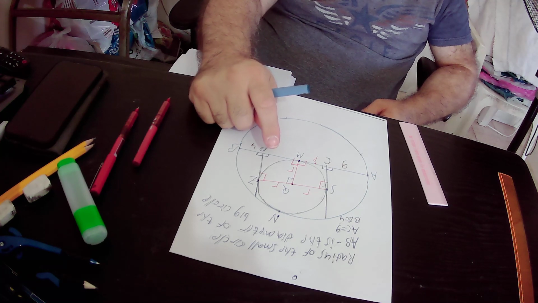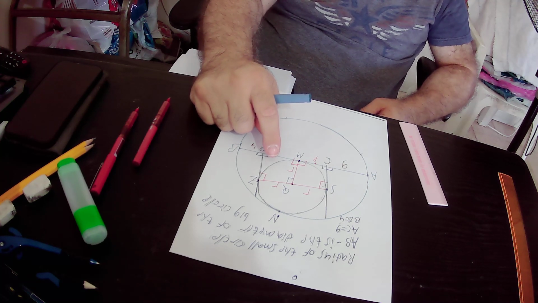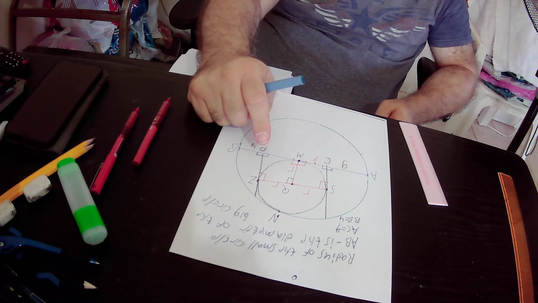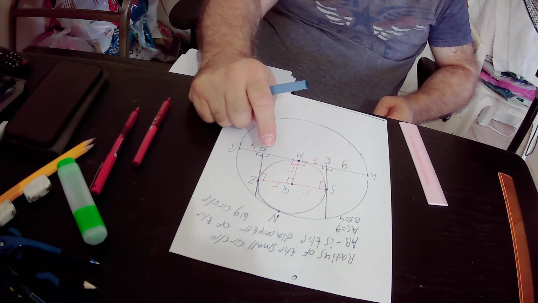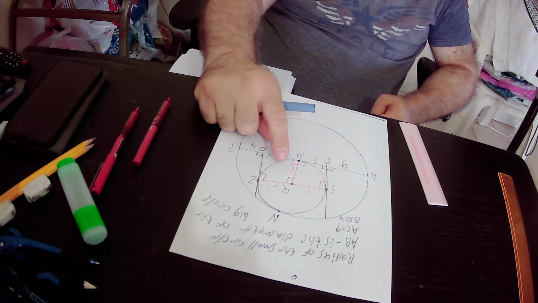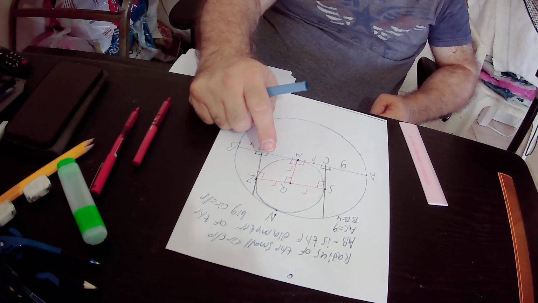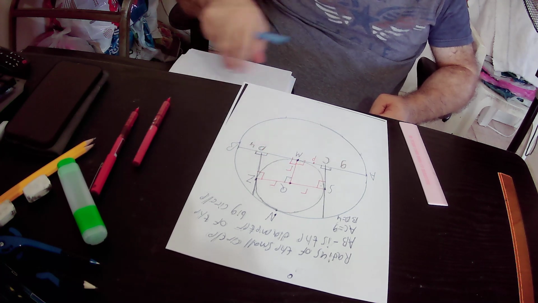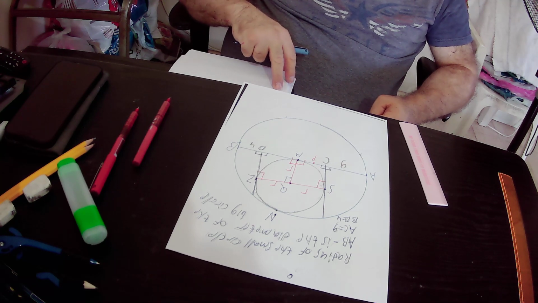And we know that the opposite sides of a rectangle are equal to each other. So actually QZ equals MD. Okay?